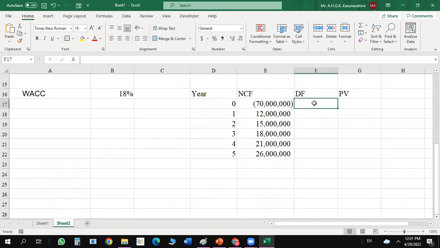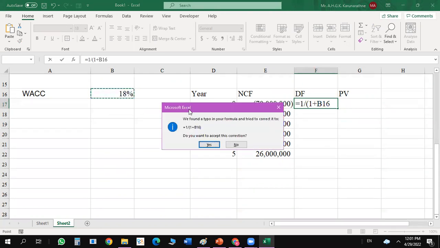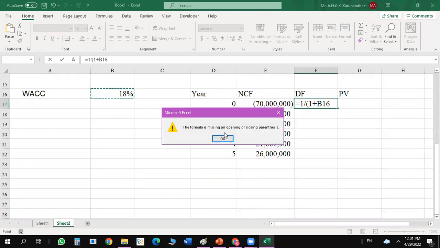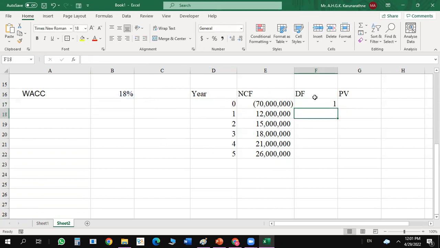So discount factor is equal to 1 divided by 1 plus the discount rate, and I'll fix it by pressing F4, close the bracket, to the power n.